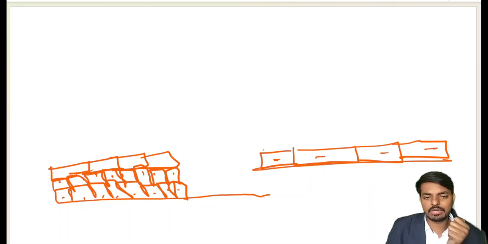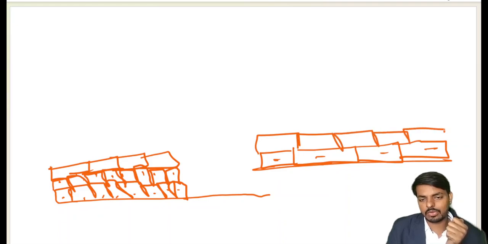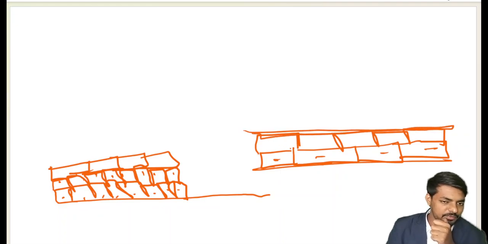You can comment. If it is in two layers, what do we call this one, and if it is keratinized, what do we call this one? Can anyone comment?